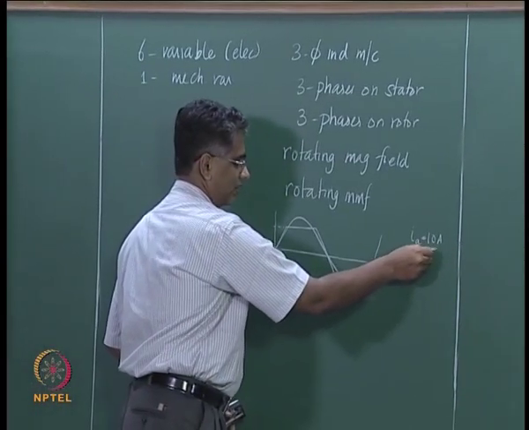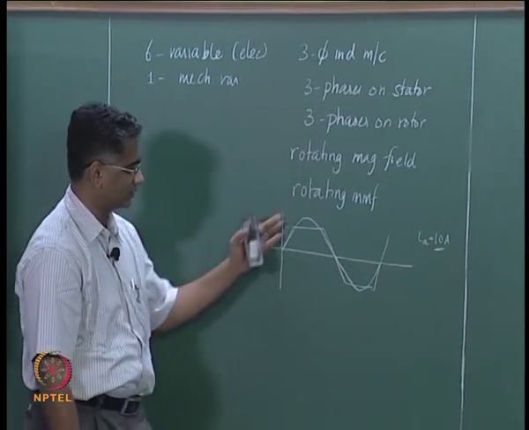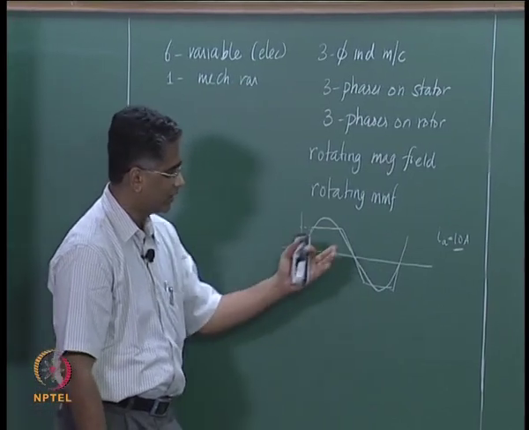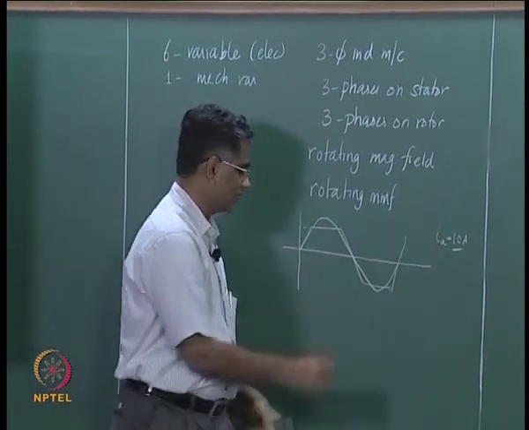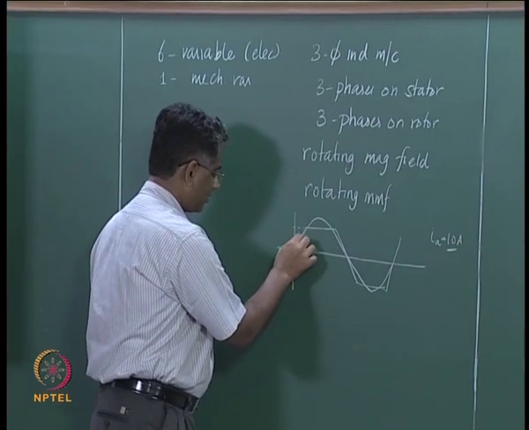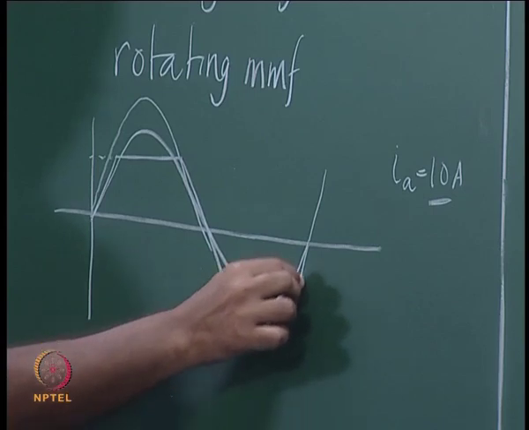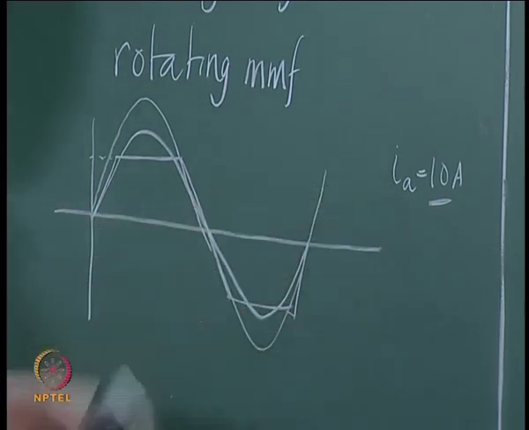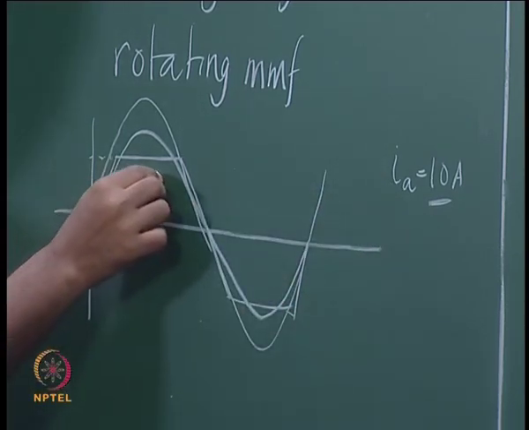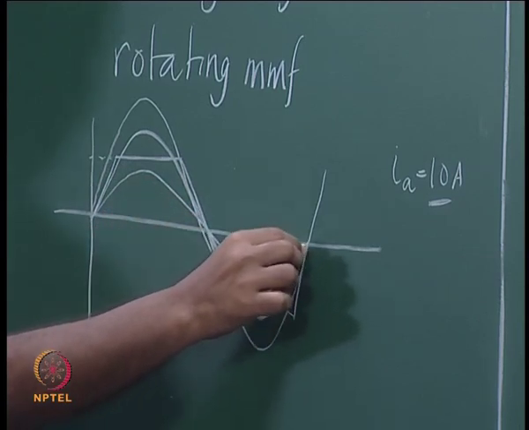If this current is at this level, let us say this is the MMF that is produced. If the current now increases, then a higher amplitude MMF would be produced, and if this current decreases, a lower amplitude MMF would be produced.